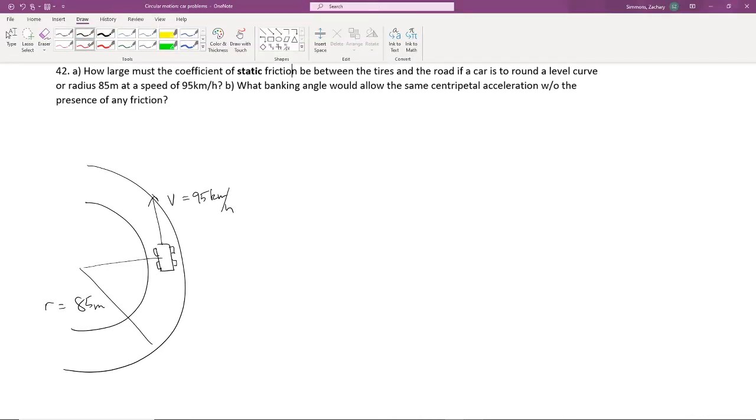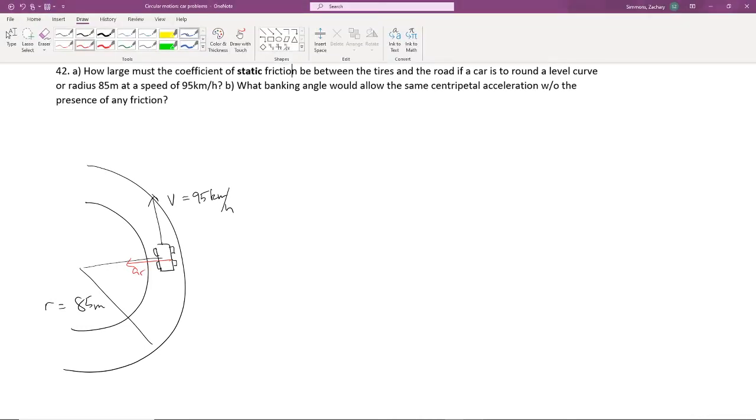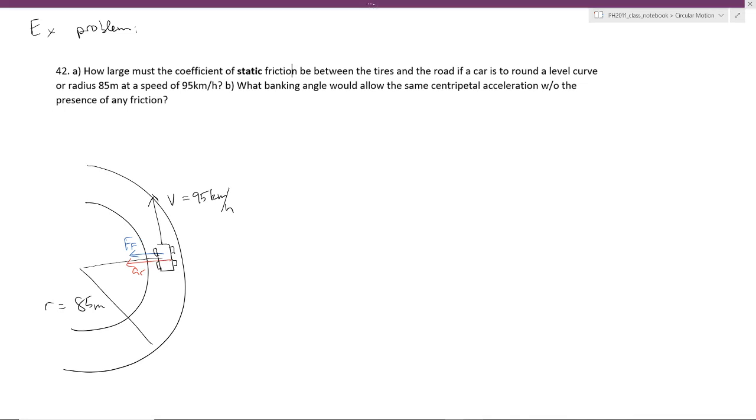And of course, centripetal acceleration is pointed in, and the force of friction is pointed in as well. And that's what's providing our centripetal acceleration in this flat curve scenario. So we have an idea of the forces, what's going on.